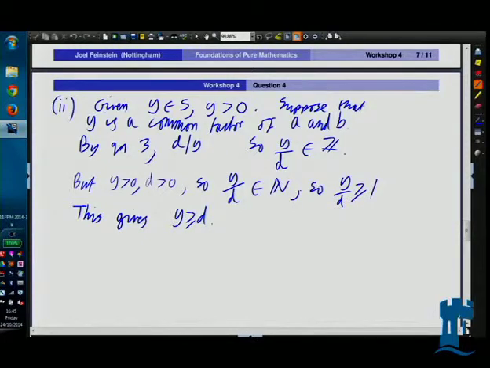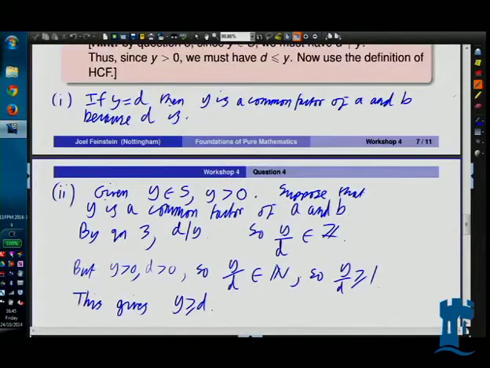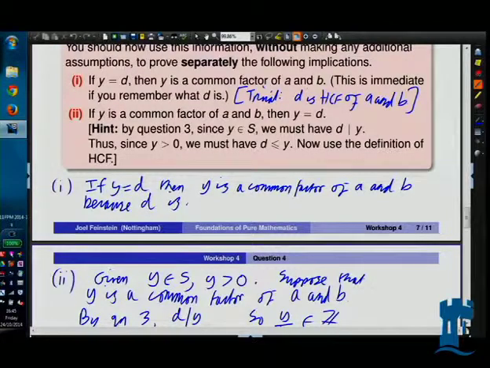Right, what about the other bit, though? So that was the part of the hint. The other bit, now we use the highest common factor.